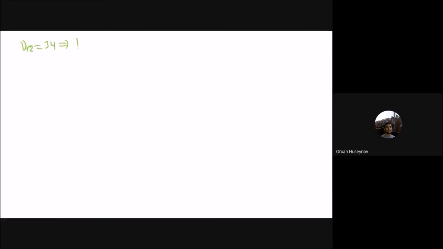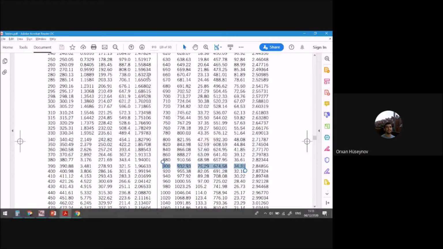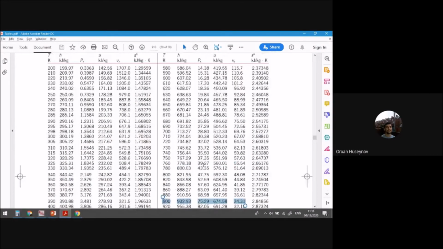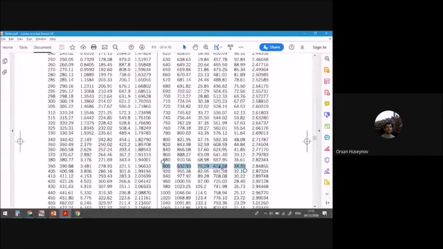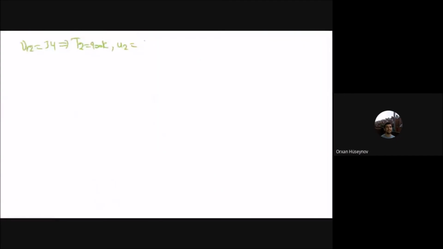The temperature here, T2, is 900 Kelvin. And as well as the internal energy at 2, let me see which one is internal energy. This one is 674.75 kilojoules per kilogram, approximately.